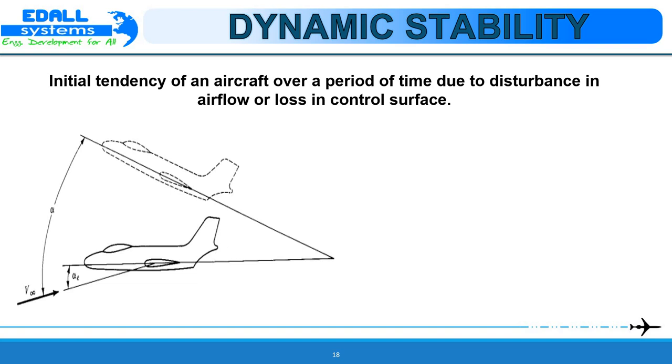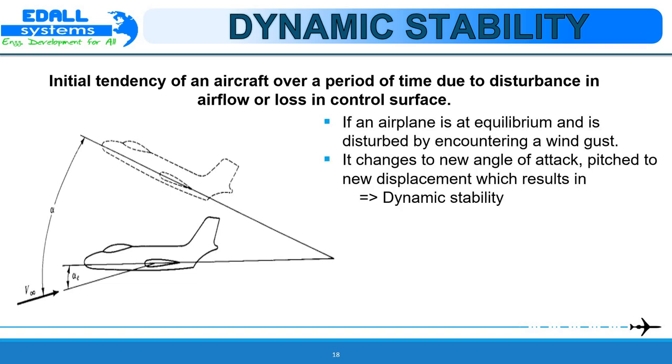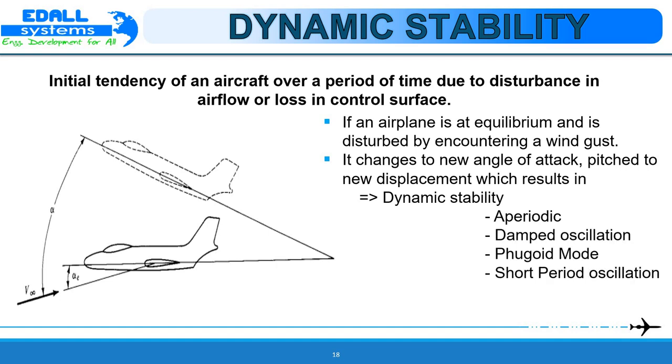The airplane has been pitched through a displacement alpha minus alpha e. Now let us observe the subsequent pitching motion after the airplane has been disturbed by the gust. We can describe this motion by plotting instantaneous displacement versus time. It changes to a new angle of attack, pitched to a new displacement, which results in dynamic stability, which can be classified into aperiodic, damped oscillation, phugoid mode, short period oscillation, and dynamic instability.